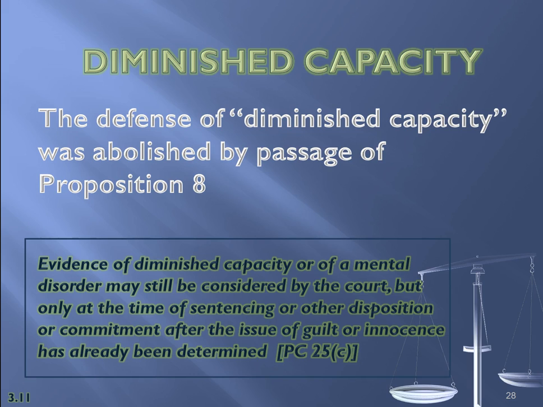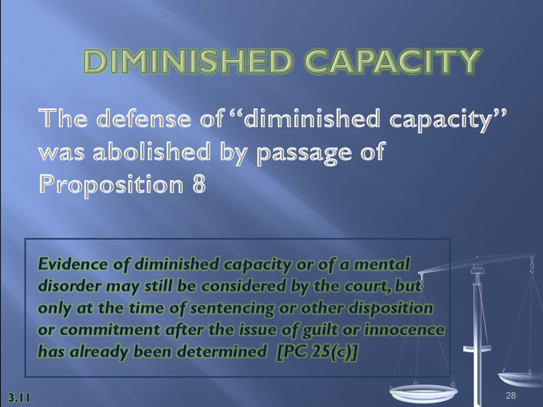And Penal Code Section 25(a) abolished the defense of diminished capacity in any criminal action and any juvenile court proceedings as it relates to capacity to form particular purpose, intent, motive, malice aforethought, knowledge, or other mental state required for the commission of a crime.